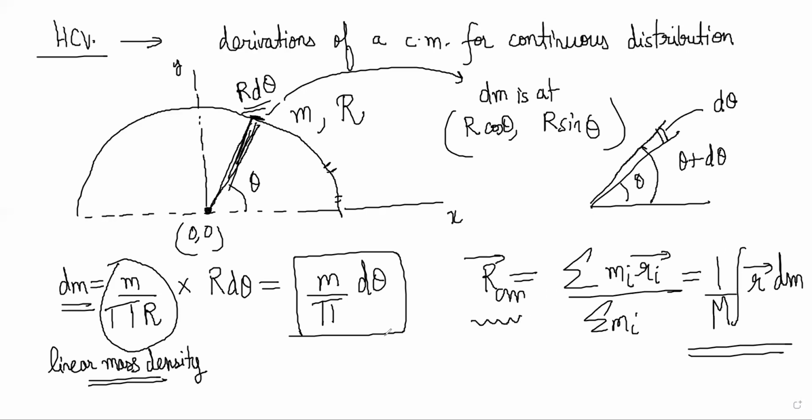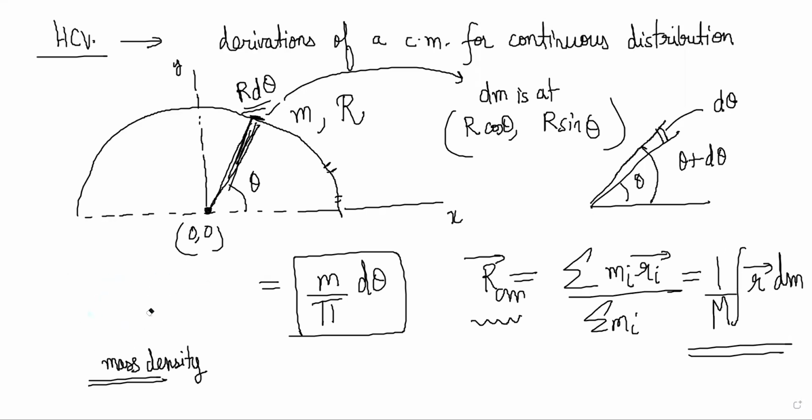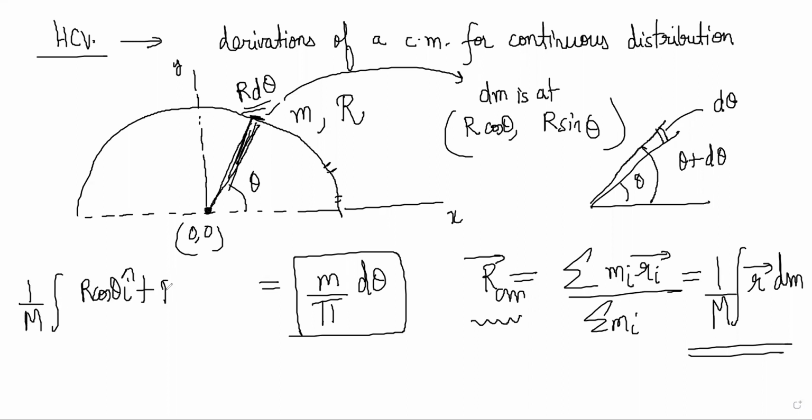So let's try to do that integral. The r vector can be written as r cos theta i cap plus r sin theta j cap. So you have 1 by m integral of r cos theta i cap plus r sin theta j cap, and your dm is becoming m by pi d theta.